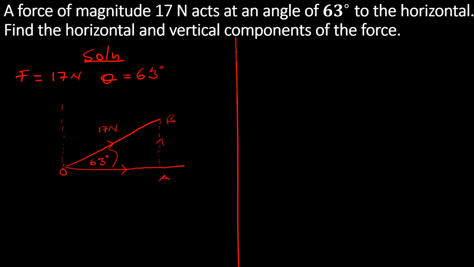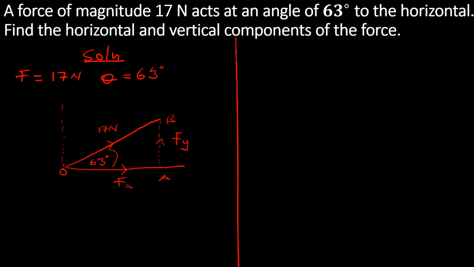So we have to calculate for OA and AB. So let's make OA to be F of X, and this one, AB, to be F of Y.